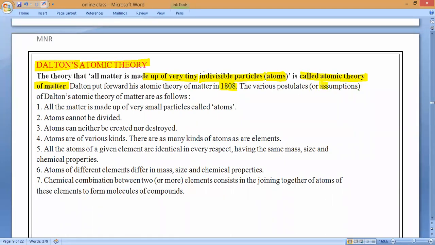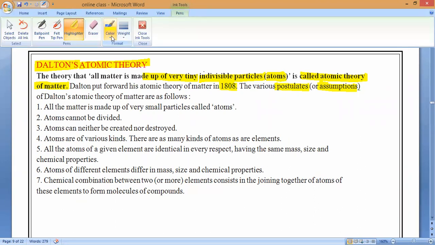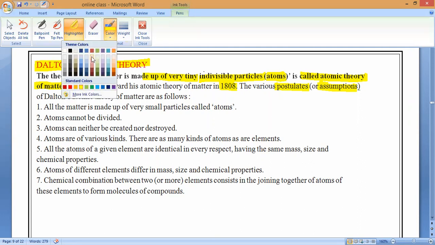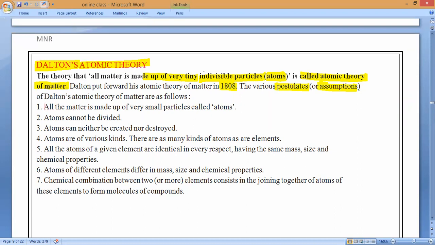Okay. Now, what are the assumptions? They are not proved, only assumptions, or we can say postulates of Dalton's atomic theory. These things we already studied. The first point said by Mr. John Dalton, if you notice, is that every matter is made up of smallest particles. What are the smallest particles called? Everybody?